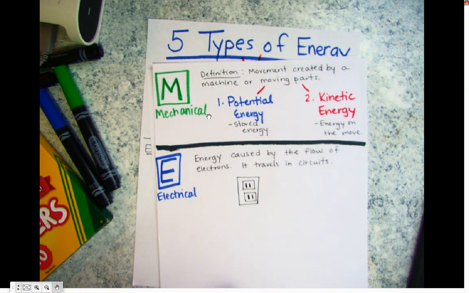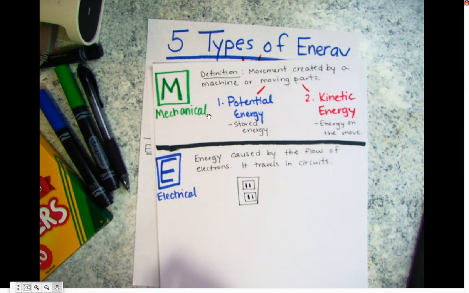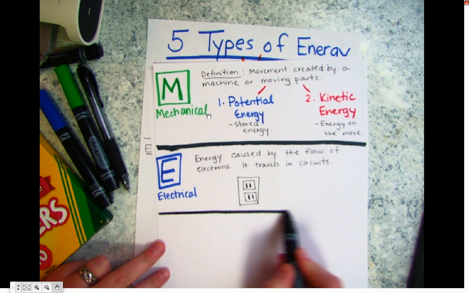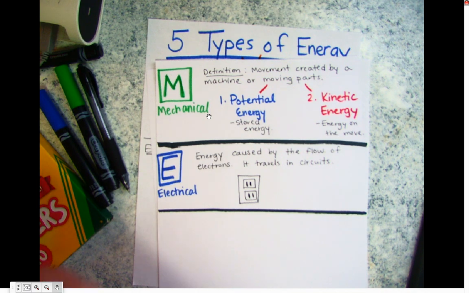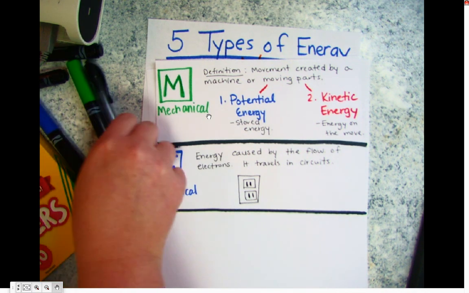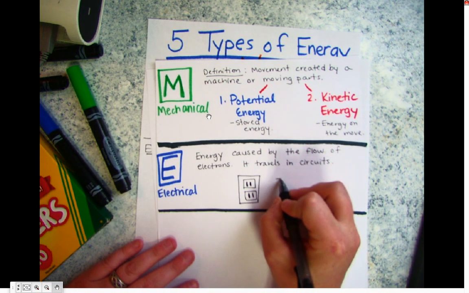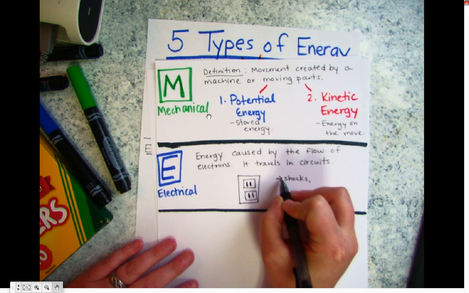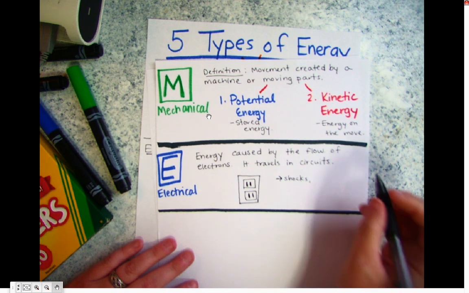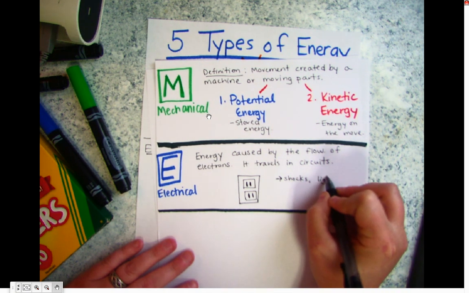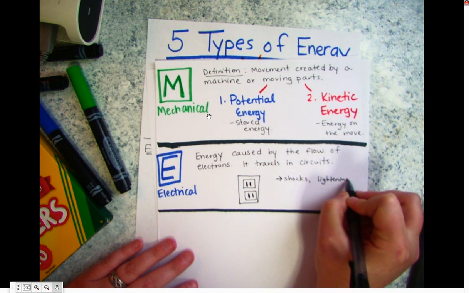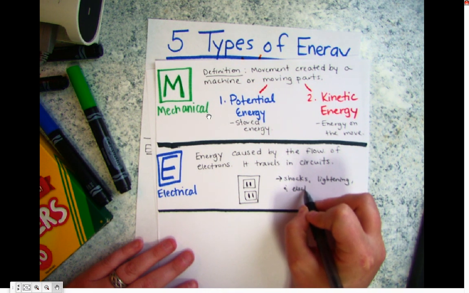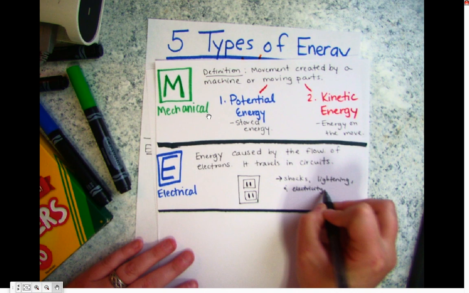There's many different types of examples. You guys are going to be exploring that in just a few minutes. Okay, and I am going to write a few just right here. Shocks. So we're going to look at that static electricity, when you can shock somebody. Lightning, electrical energy, and obviously electricity, which is how we charge things.